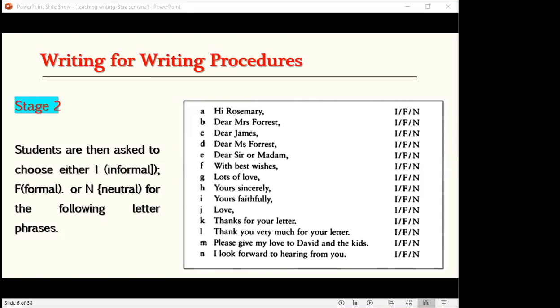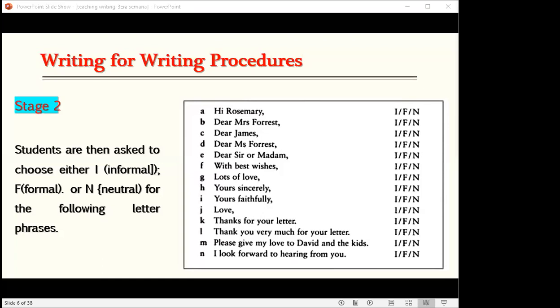Remember, these are phrases from the letter. So the teacher took out some phrases from the letter and asked the students to analyze if these phrases are formal, informal, or neutral. They just need to recognize. They are not going to interact or create a conversation, no. So they just need to recognize if these phrases are formal or informal.